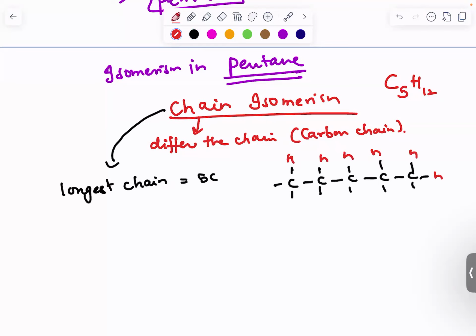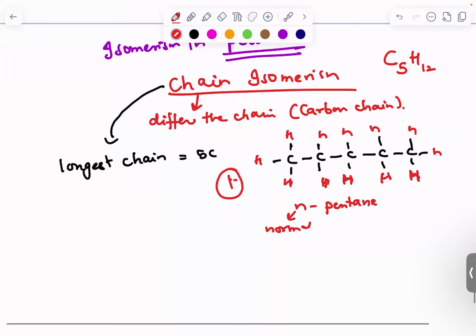So you need to add n-pentane. I have written it quickly, so it looks like a small h, but it's not a small h, it's a capital H. Always keep this in your mind. Right. So this is n-pentane. What is the meaning of n-pentane? Normal pentane. So this is the first isomer being formed.